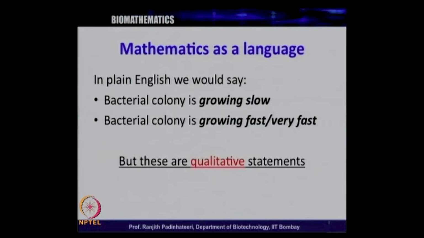Let us take an example. Let us say you want to understand the biological phenomenon of bacterial growth. You are doing an experiment of growing bacteria. You have a petri dish and you have some bacterial colony which is growing. Now you record this experimental observation that this bacterial colony is growing fast or growing slow.